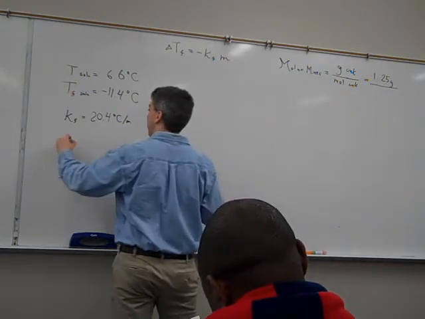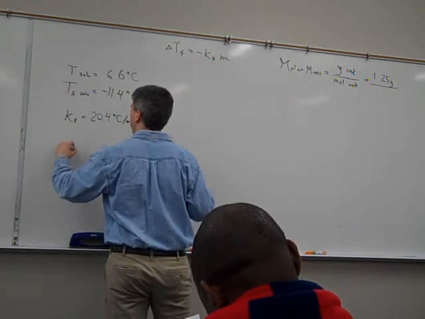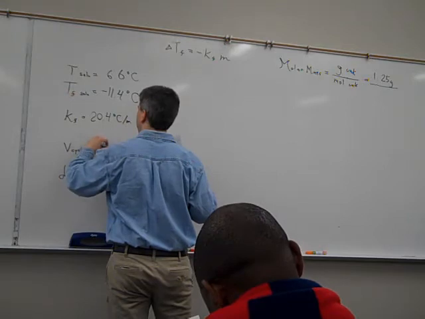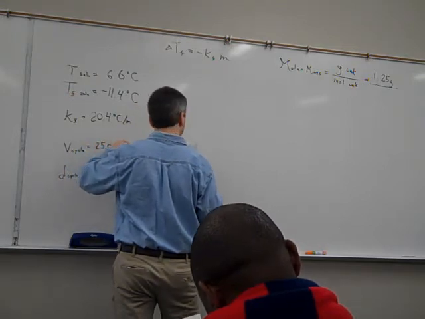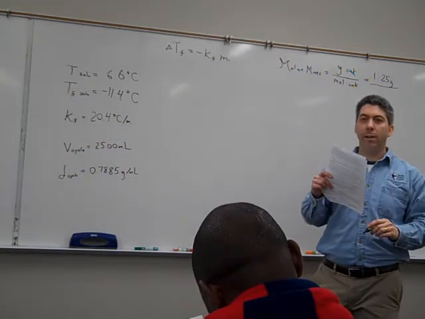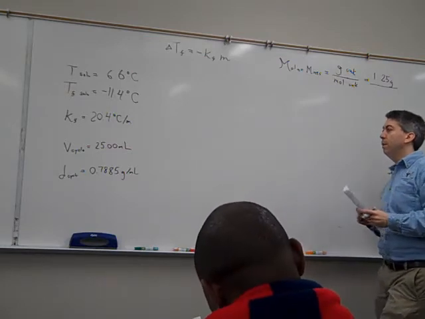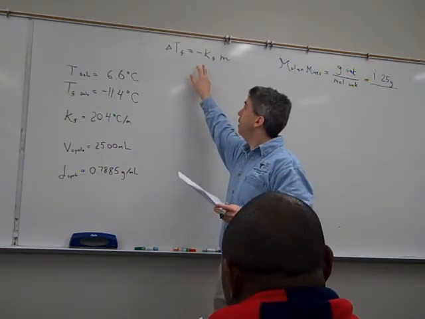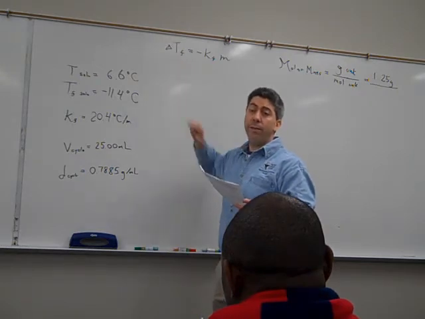We have the volume of cyclohexane, don't we? 25.00 milliliters. All right. So, if we're going to use this equation, what's the delta Tf?